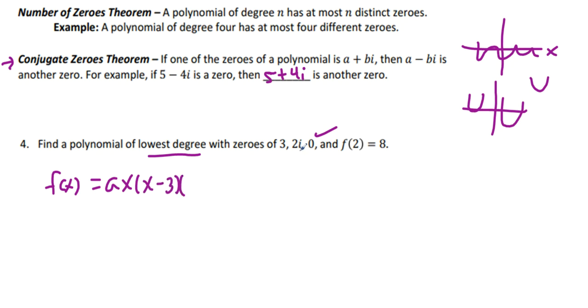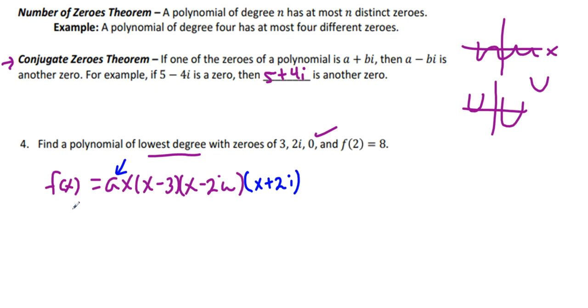Then I'm going to have x minus 2i as our next one. And this comes in pairs. If you have x minus 2i, you've got to have an x plus 2i. All right, you've got to have that. So what we basically want to do is solve for a, to write our function.